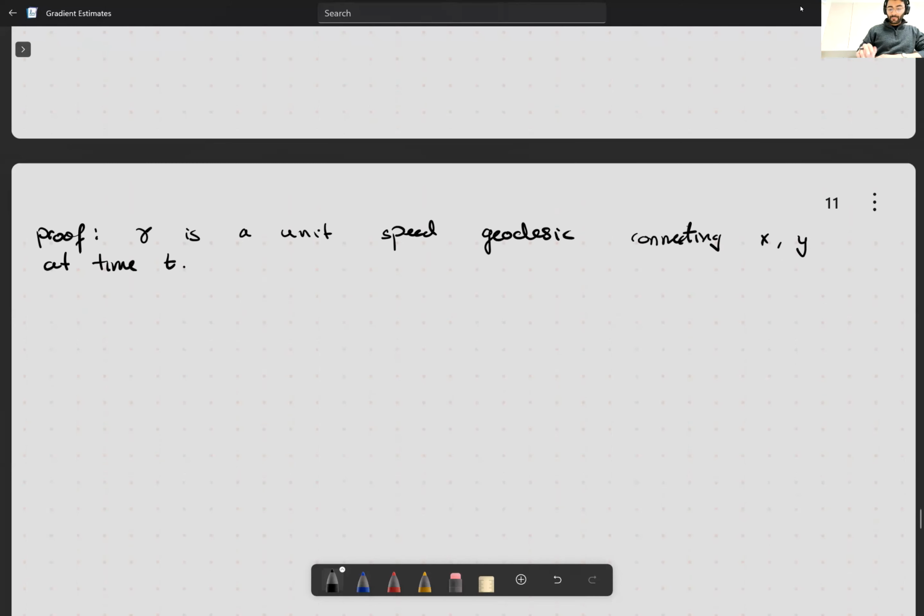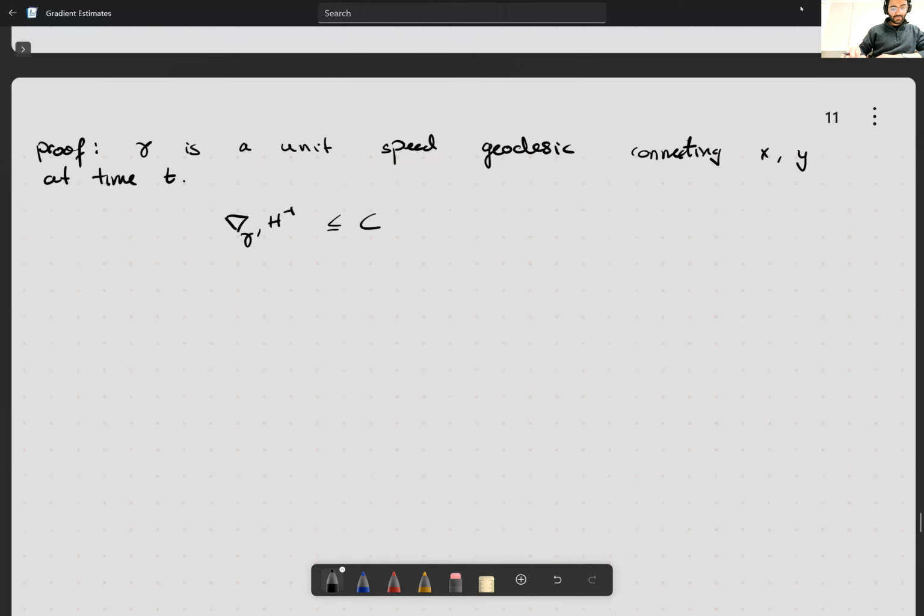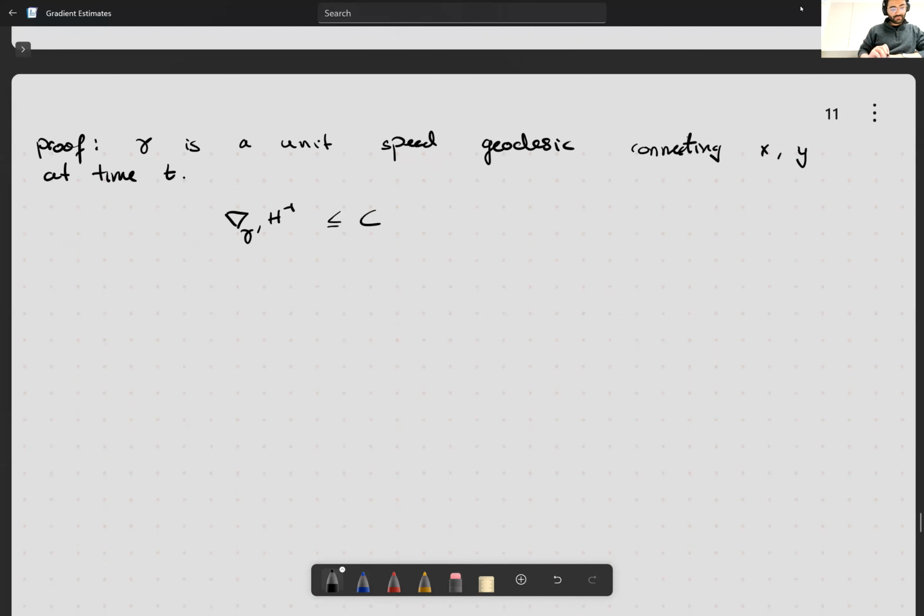Then if I differentiate H inverse, the derivative of H inverse is the derivative of H divided by H squared, so this is bounded by C. Integrating along the curve gamma, I get minus C r is less than or equal to H(x,t) inverse minus H(y,t) inverse, which is less than or equal to C r. That's just integrating from 0 to some distance r.